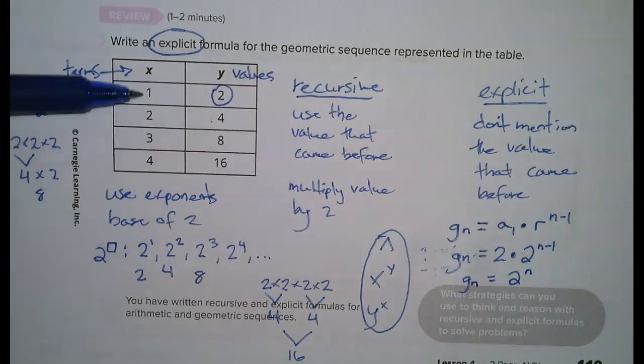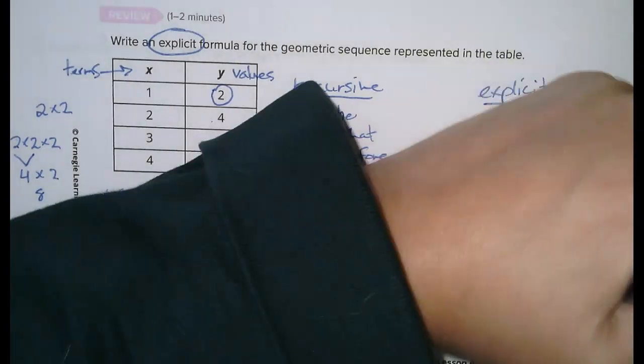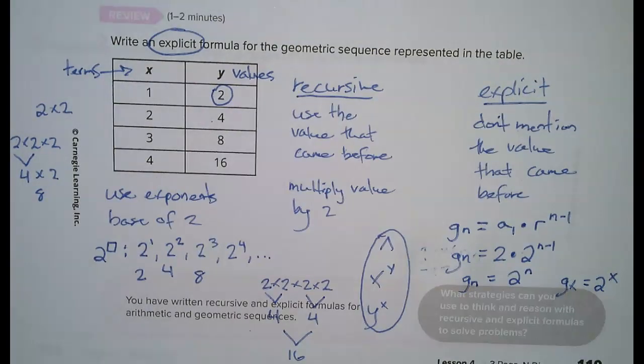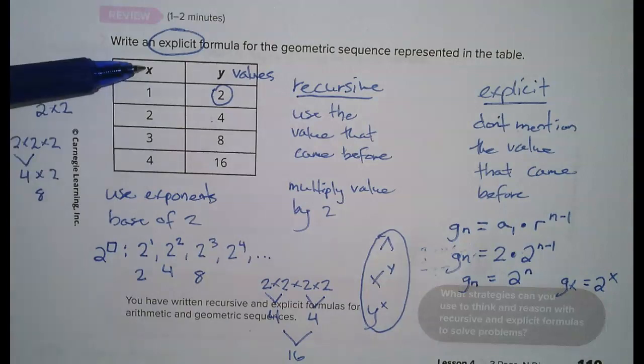I wouldn't be disappointed at all if you wrote it this way instead: G sub x equals 2 to the x power. Because you're raising 2 to the x power.